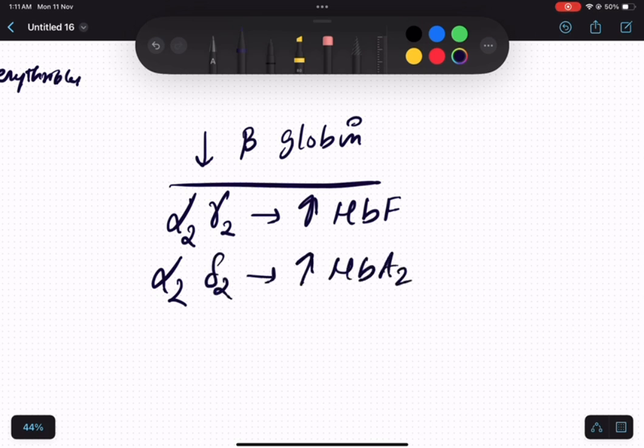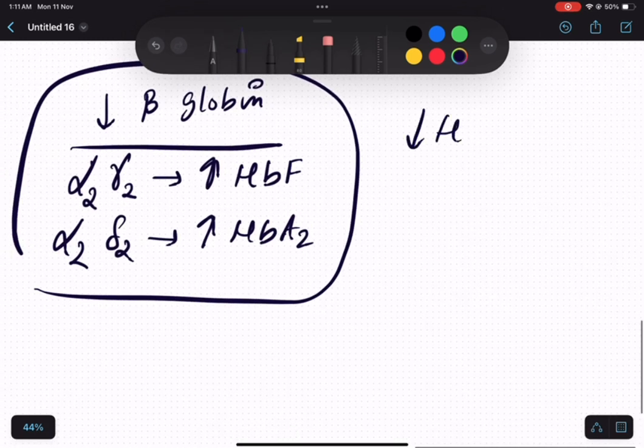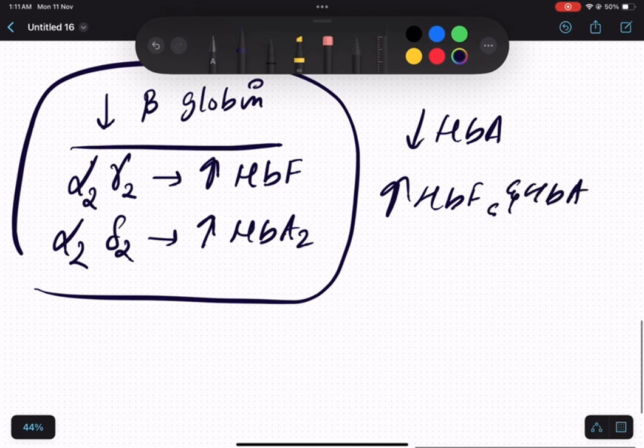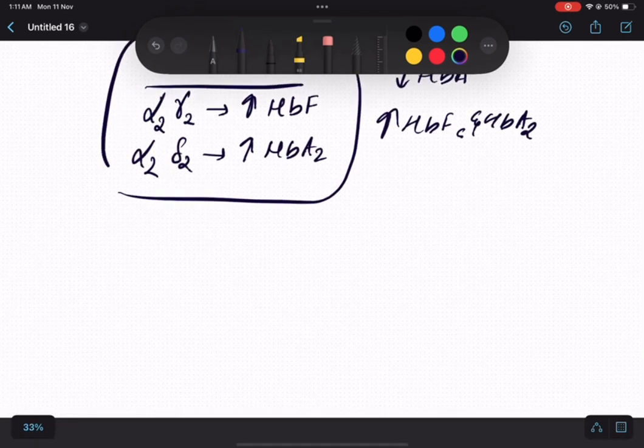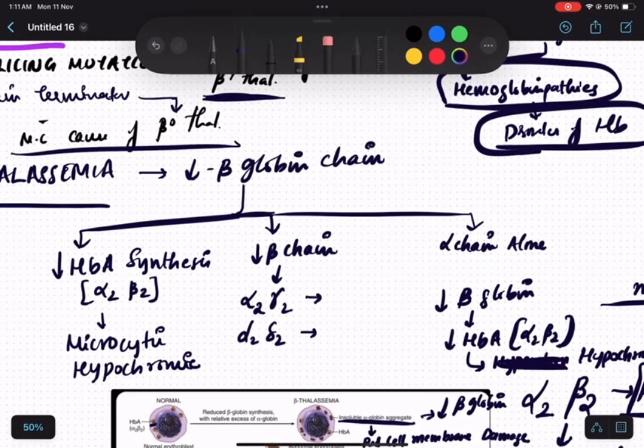So in thalassemia, the patient will have less HbA, more HbF and HbA2. There is a deficiency in the beta globin.